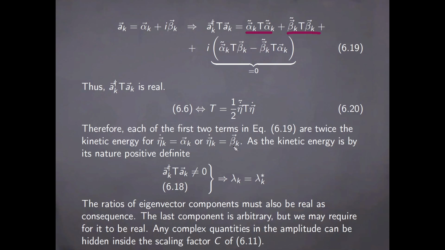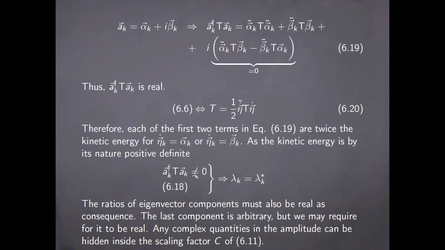So we identify alpha and beta with the generalized velocity vector k. Then, as the kinetic energy is by its nature and by its definition positive definite, it means that this number cannot be 0.